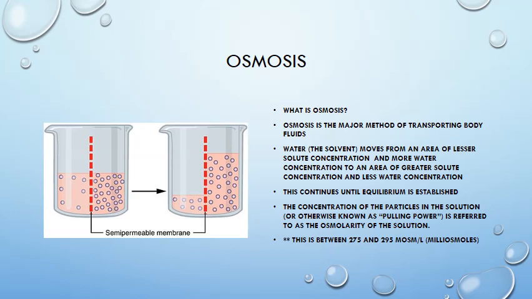All right, so the number there is 275 to 295. And again, it's not imperative that you memorize those numbers. It's imperative that you understand those numbers, and when we start talking about solutions here shortly, that you understand if the number is higher or lower, or in between that, what it would mean.